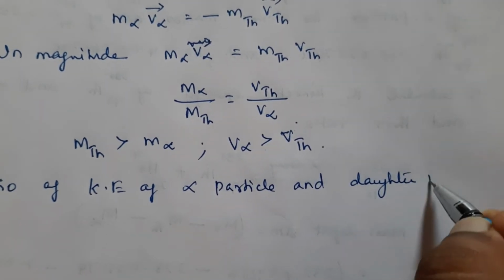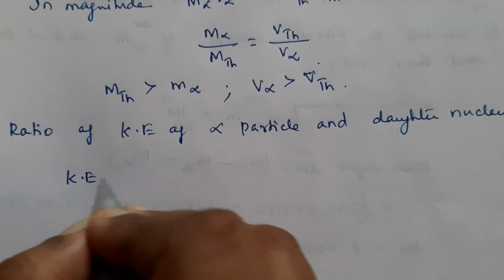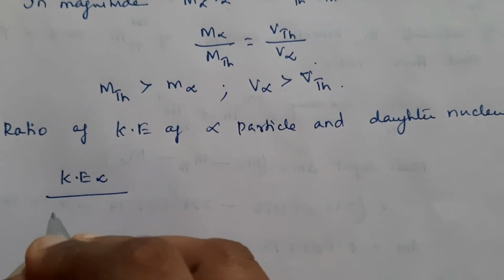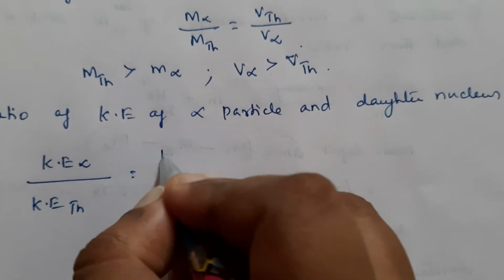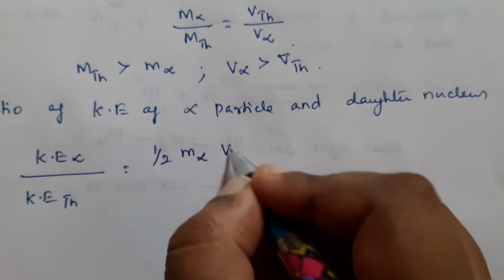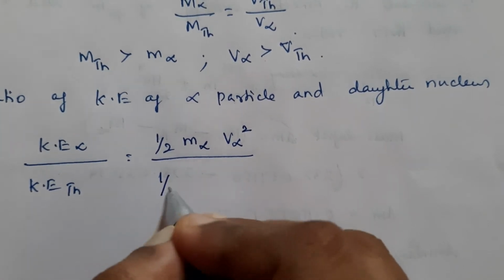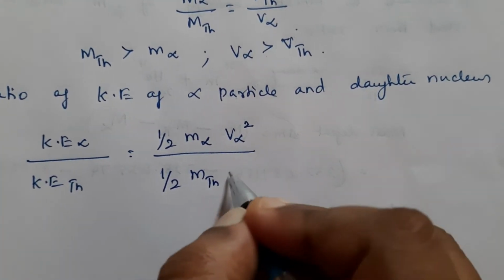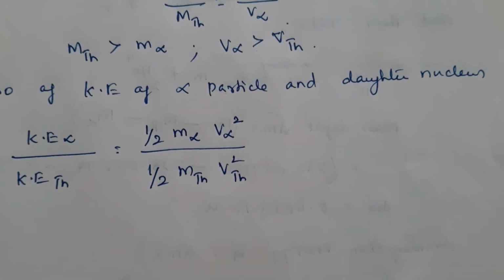The daughter nucleus is thorium. So kinetic energy of alpha particle divided by kinetic energy of thorium is equal to half mass of alpha into velocity of alpha squared, divided by half mass of thorium into velocity of thorium squared.